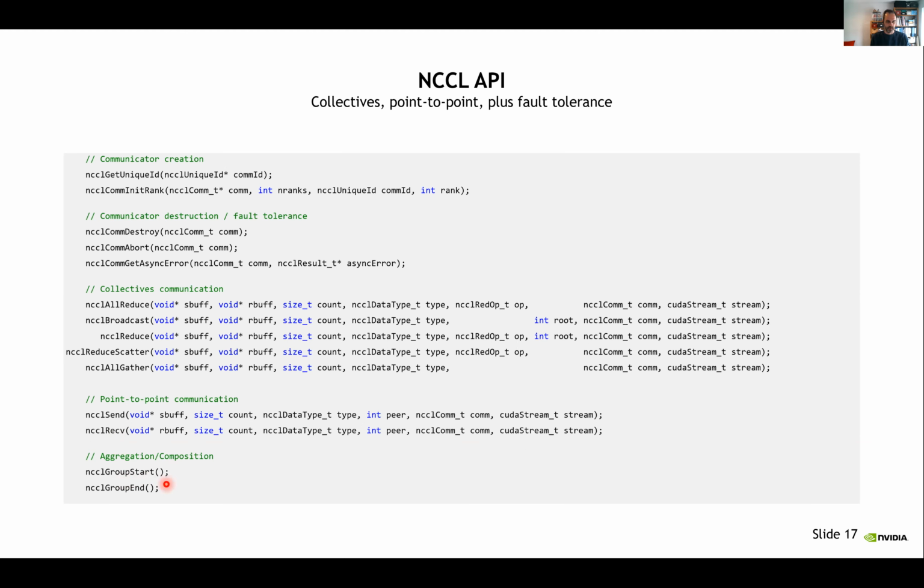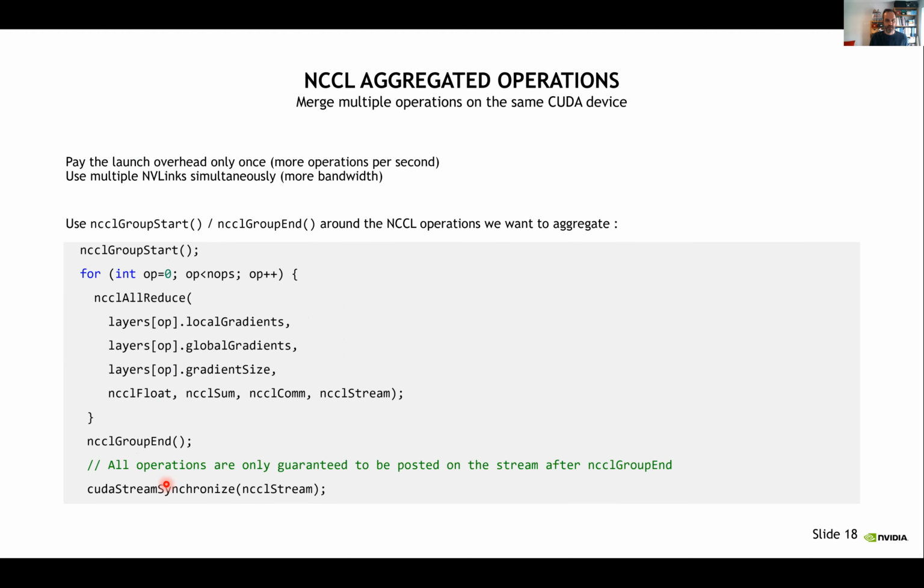And then there are calls for group start and group end to aggregate, to compose multiple communication calls. And that's something I have an extra slide for. The benefit of this is twofold: NCCL can work more efficiently in two regards.